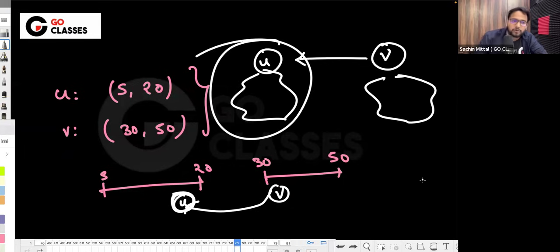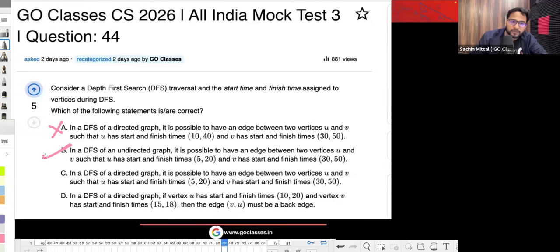So I'm sorry about it. This is not possible in an undirected graph. But is this possible in a directed graph? Yes, the same thing is possible in a directed graph because of the cross edge. The cross edge will be from this vertex to this vertex.